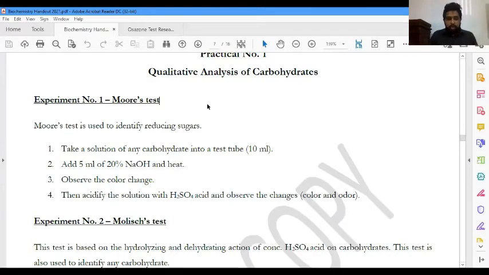Before moving on to reducing sugars, what is meant by a reducing agent and an oxidizing agent? That is basic chemistry. Reducing agent, or reductant, or reducer, or electron donor, we can give many names. Reducing agent, what is that?